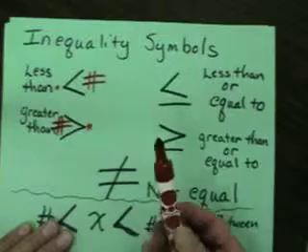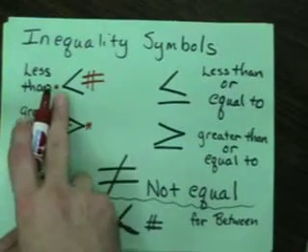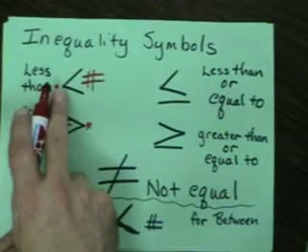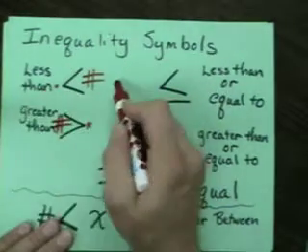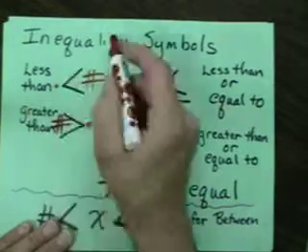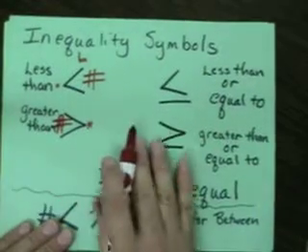Best way I have heard so far to remember this, besides the fish eating the larger numbers, remember also that if you take the less than symbol, you can kind of make it look like, if you were to bend it a little bit, you could make it look a little bit like the letter L, if you're reading from right to left.